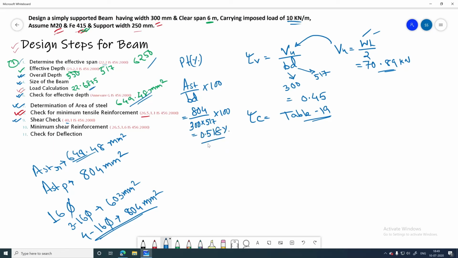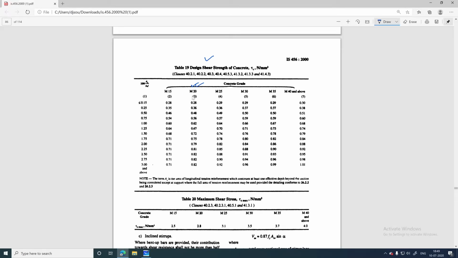0.518 percentage. Okay, now we need to determine the value of tau c from Table 19, and here I need this particular value. So let's go there, and this is M20 grade concrete, so we are considering this particular portion. Now the percentage of steel is near about this, 0.50, so you can make the interpolation and get the exact value, but I am right now considering the value of 0.50, that is 0.48.